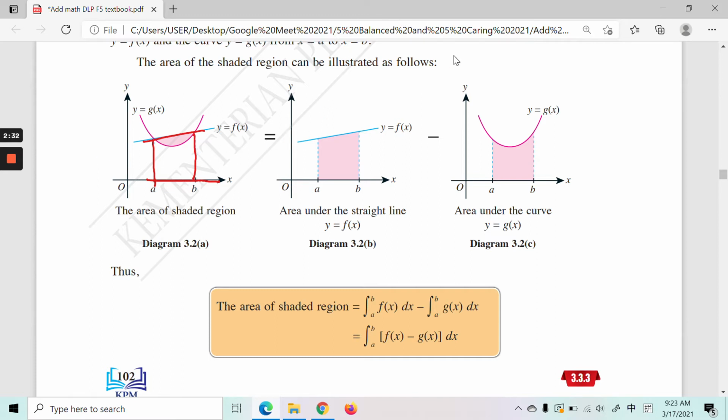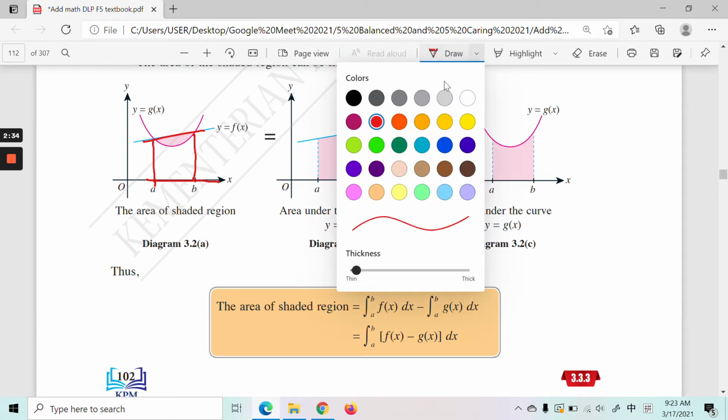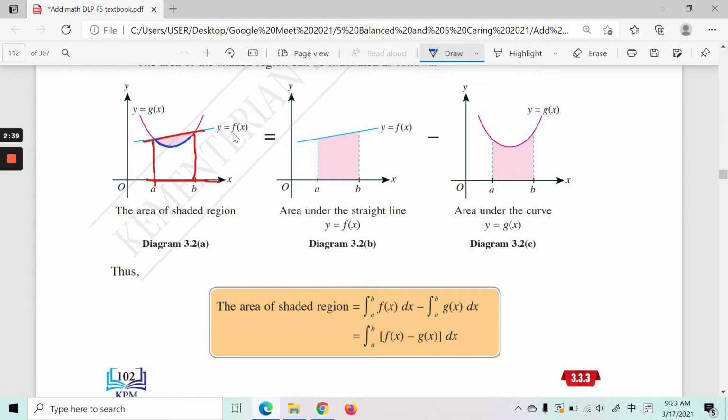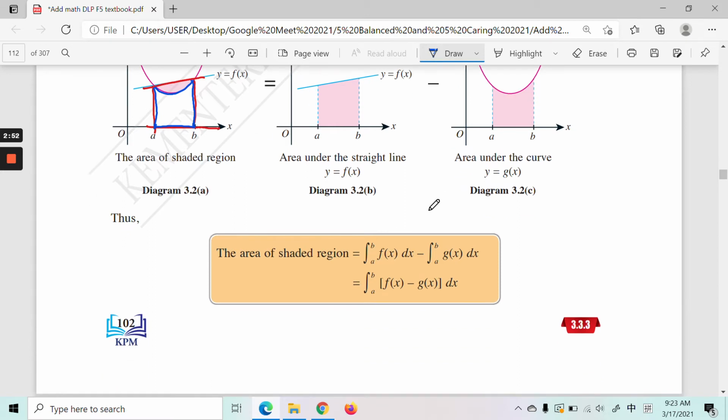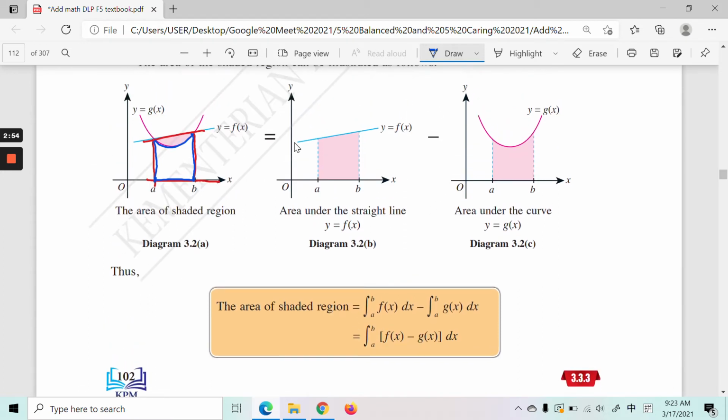So the area of this trapezium minus the area under the curve, from x equals a to x equals b with respect to the x-axis. The red color minus the blue color gives this shaded region. So for these cases, above is the straight line minus the curve, and you will get the shaded region.